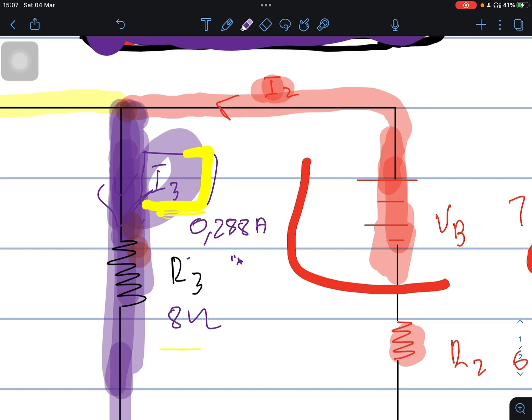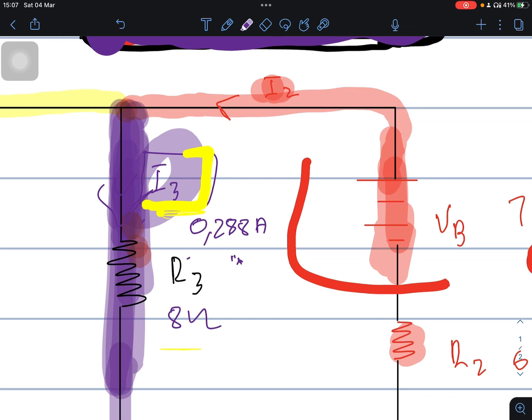That is what superposition is. Let us treat each source acting separately, calculate how much current is contributed by one source and then by the other, then combine those currents algebraically to get the current flowing in this branch.